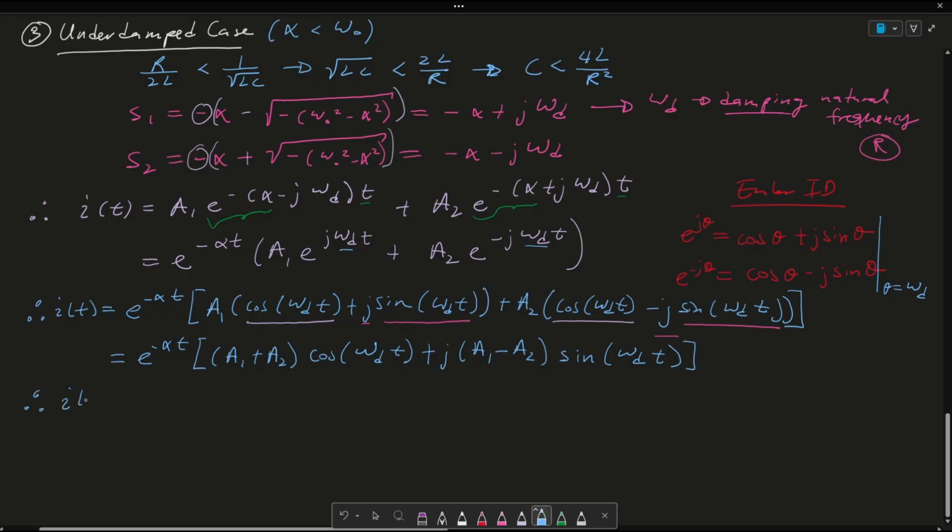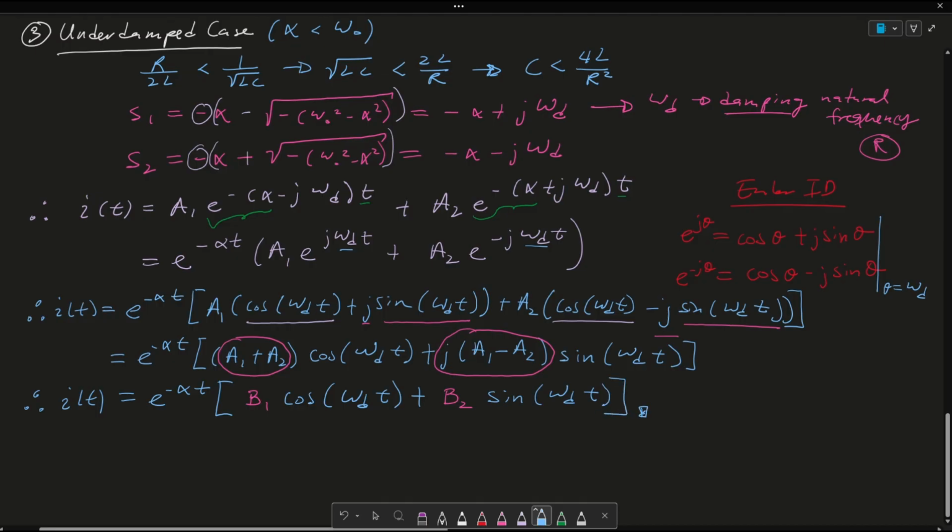And finally, i of t is equal to e to the minus alpha t times, since this term is a constant plus a constant, I'll just call it b1, times cosine omega d t, plus, and I'm going to call this term b2, so this becomes b2 sine omega d t.